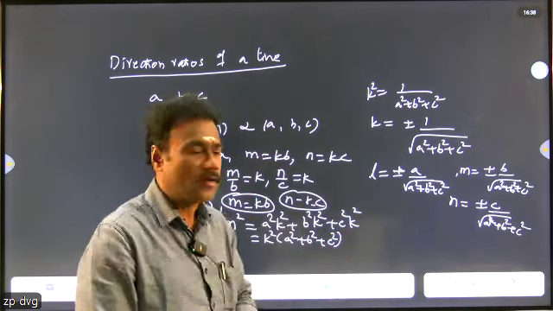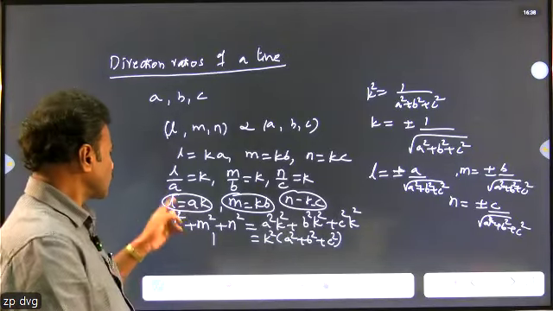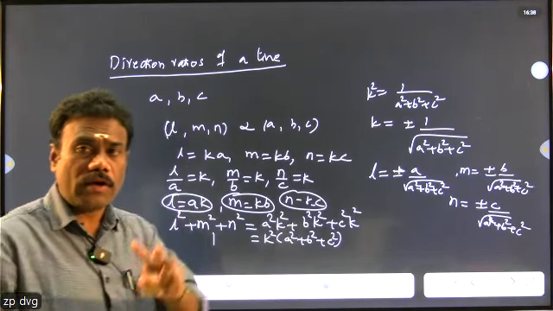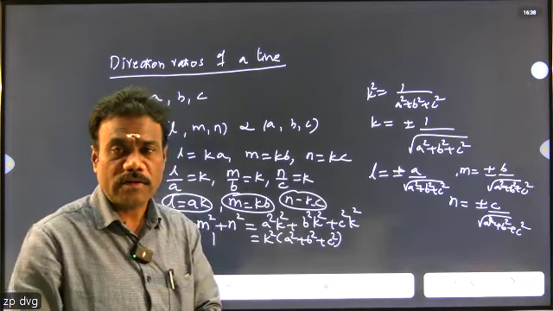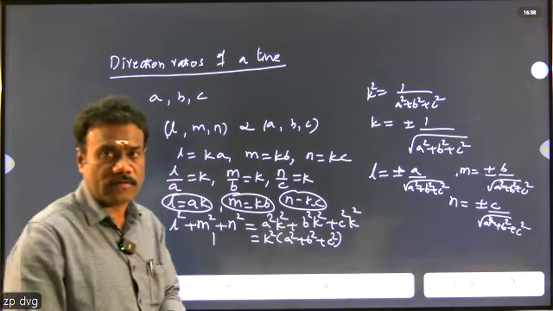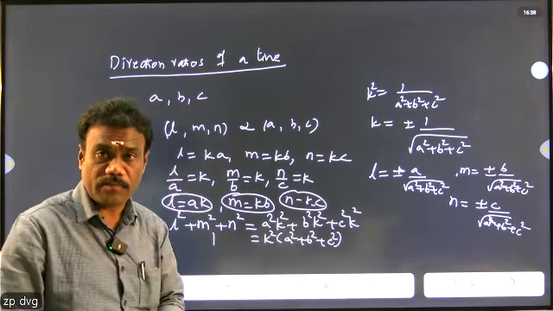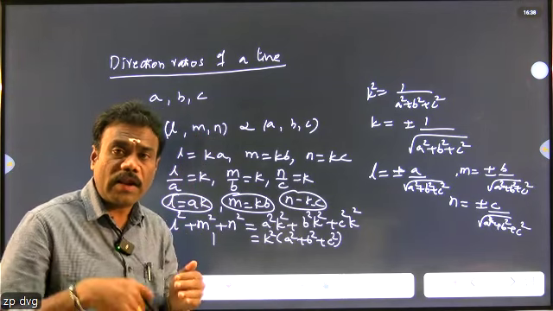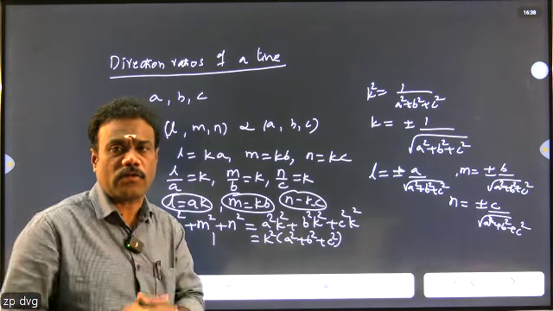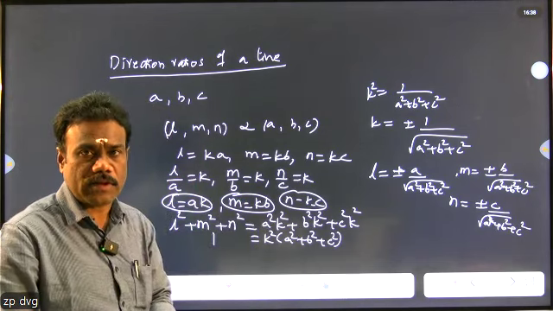Now observe, for any line we have two sets of direction cosines. Similarly, if the direction ratios of a line are a, b, c, then for any line we have infinitely many sets of direction ratios.